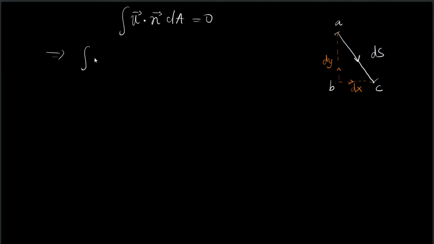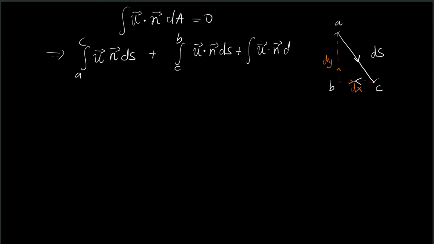It means that the integral of u dot n ds going from A to C, plus the integral of u dot n ds going from C to B along this contour, plus the integral of u dot n ds going from B to A, has to be equal to 0.